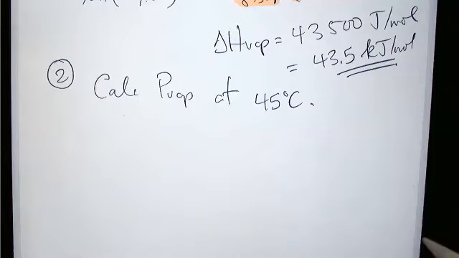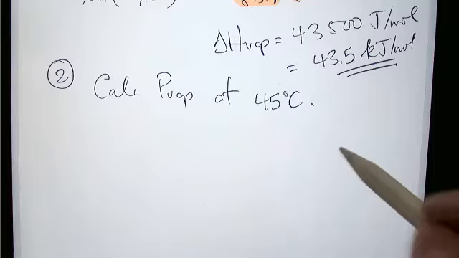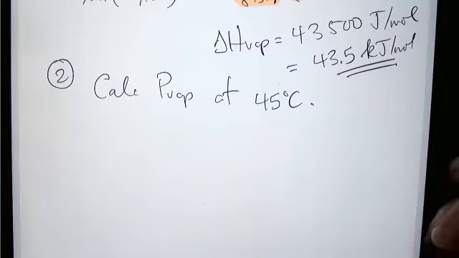Look at your data table in the data booklet. At 40 degrees Celsius, we're at 55 millimeters. At 50 degrees Celsius, we're at 92. We're calculating at 45 degrees Celsius, so I'm anticipating it's going to be around 70 or so, right?